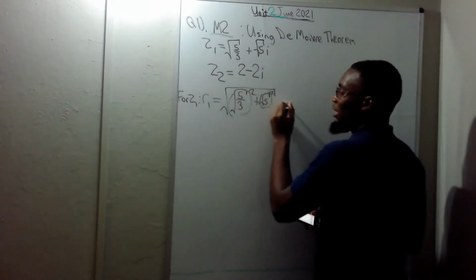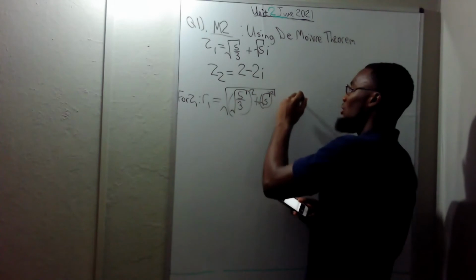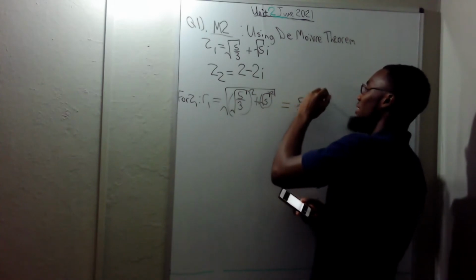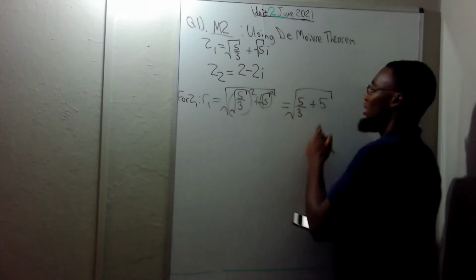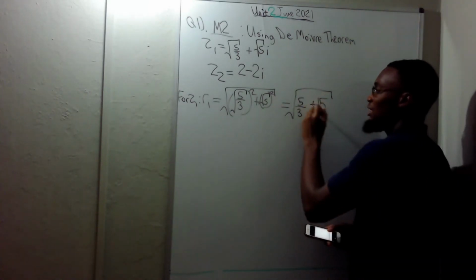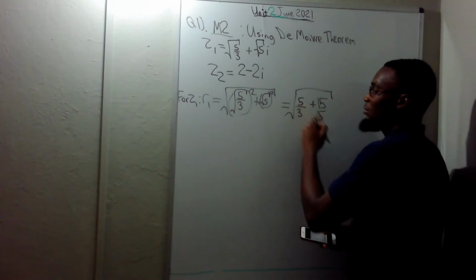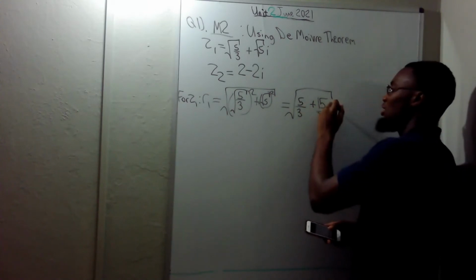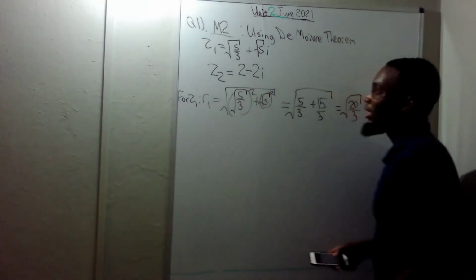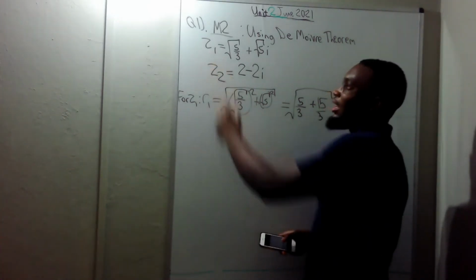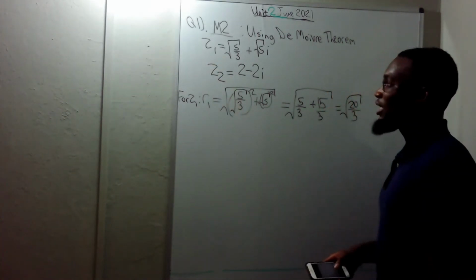That is going to end up giving us 5 over 3 plus 5, square rooted. 5 can be looked at as 15 over 3. 15 plus 5 is 20. This is just the square root of 20 over 3. So that is r1.